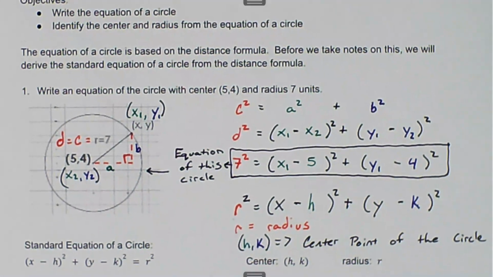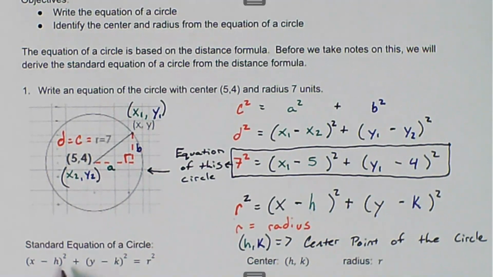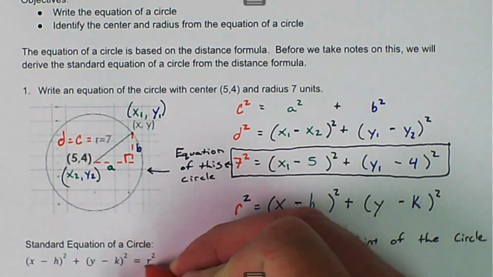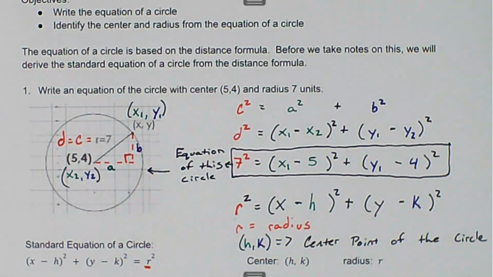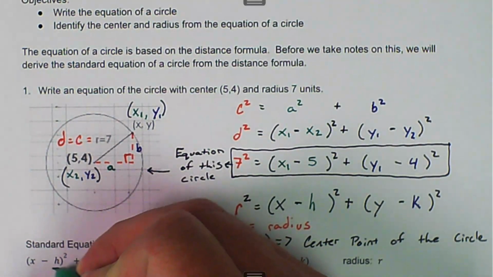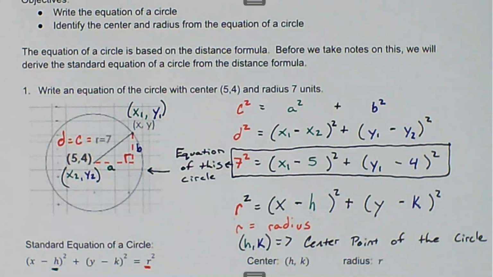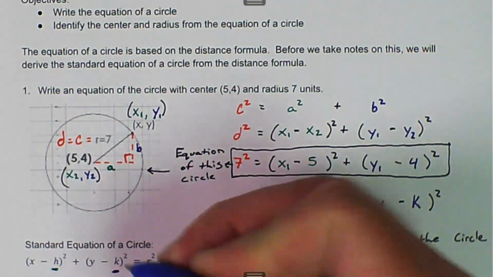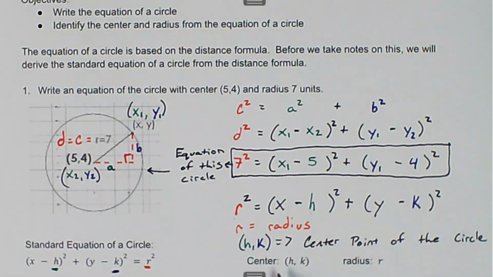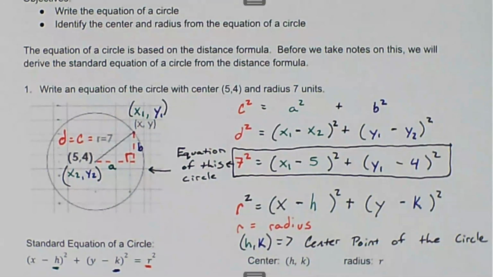So the standard form, and this one's written a little bit backwards, just change where the r is located, but it's x minus h quantity squared plus y minus k quantity squared equals r squared. And the only things that are going to be changing are the radius, the center point of the x, and the center point of the y. Everything else is going to stay the same. And we have those typed out right there.